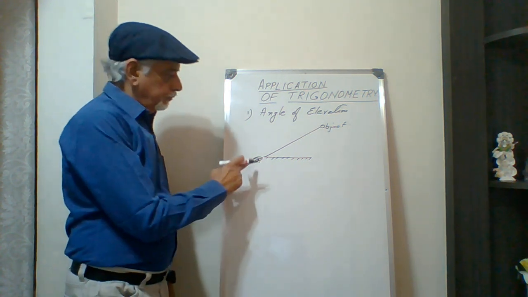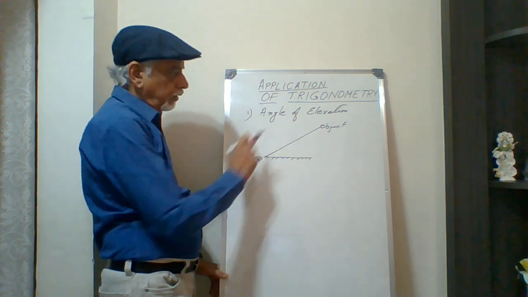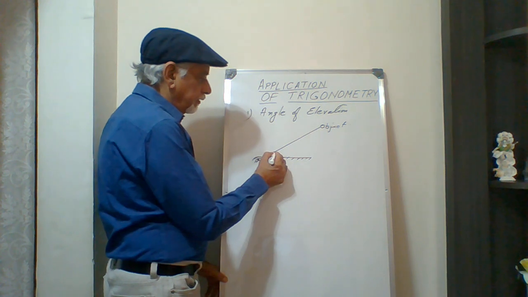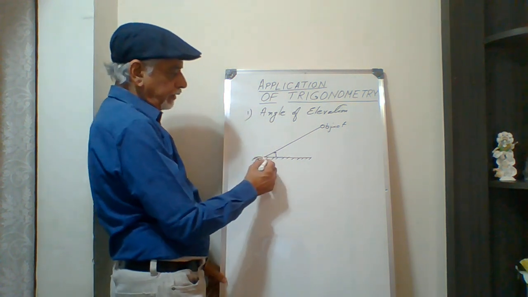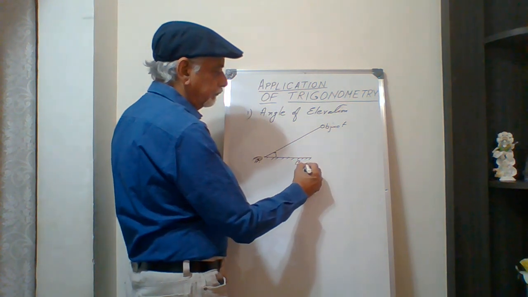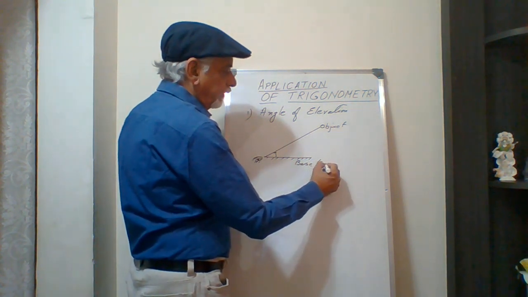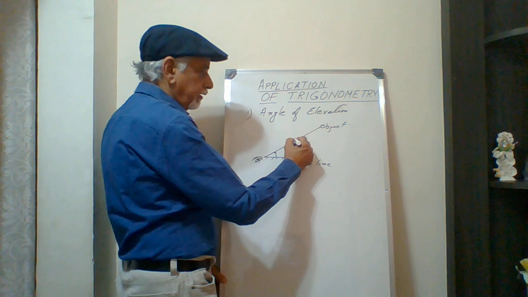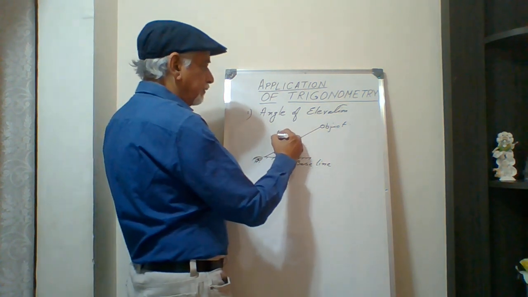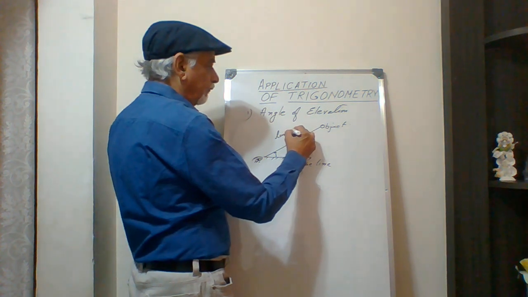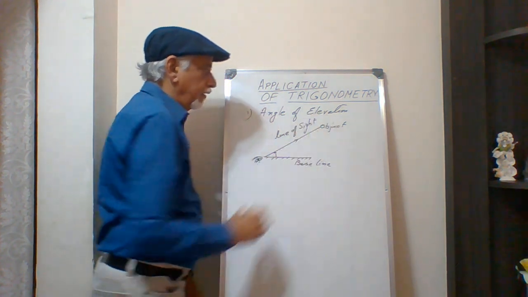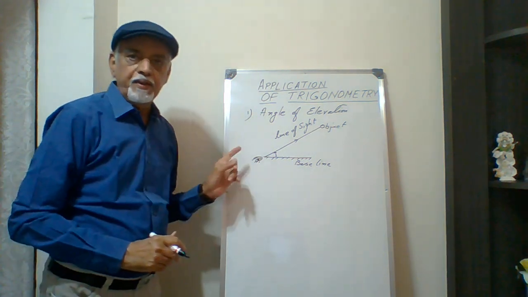If you look from down up, then the angle is made between two lines. One line is called the baseline, and this line which is looking upward is called the line of sight. So there is another word, line of sight.